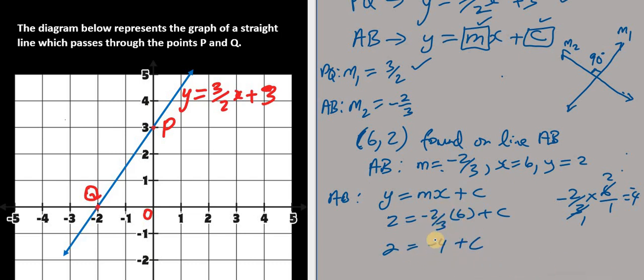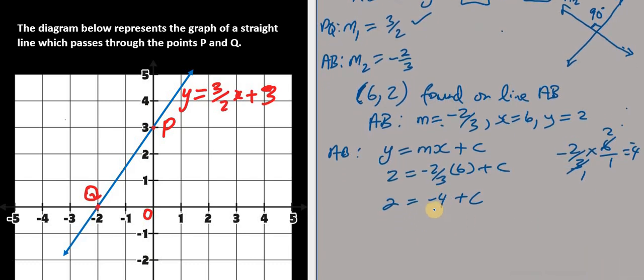Now, to find c, we want to isolate c, so we're going to add 4 to both sides. We add 4 to this side to cancel it out, so we have c only on this side. We have to add 4 to this side as well, and so we have c = 6.